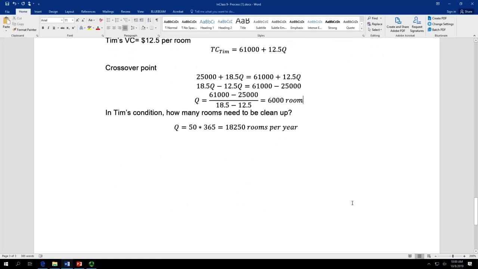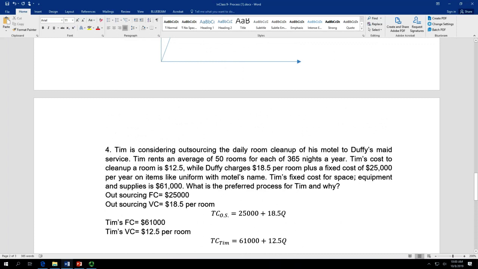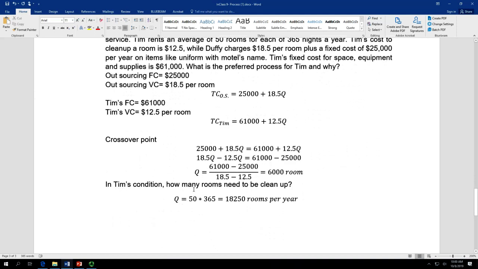Q equals 18,250 rooms per year, because all the costs, if you see over here, 25,000 per year and 61,000 are per year. They are all yearly total costs.